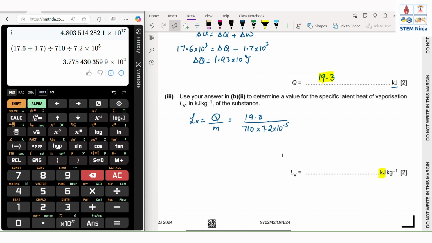So we get 3.775 times 10 raised to power 2. This would be 377, or it's roughly about 380 kilojoules per kilogram. So roughly about 380.